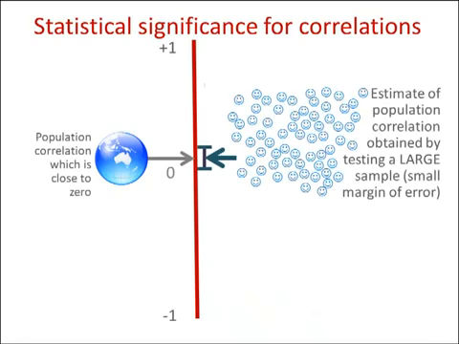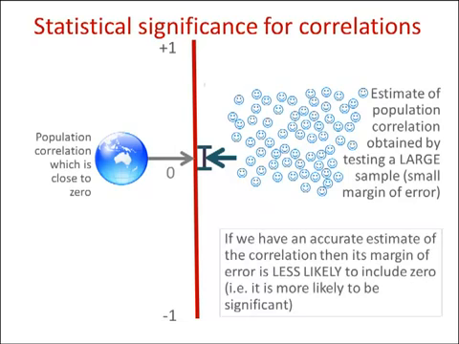However, look at the same population correlation, and now if we test a whole raft of people, what we're getting is a much smaller margin of error, a much smaller confidence interval that now doesn't include zero. Therefore, even though that correlation estimate is very, very small, it's still significantly greater than zero.